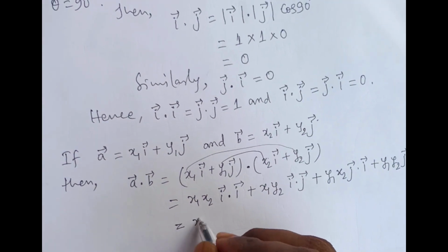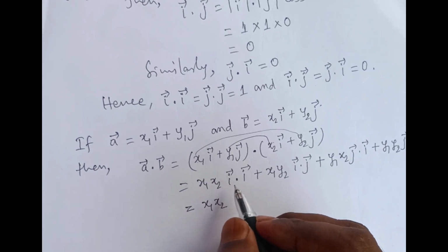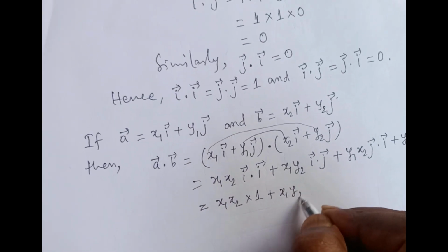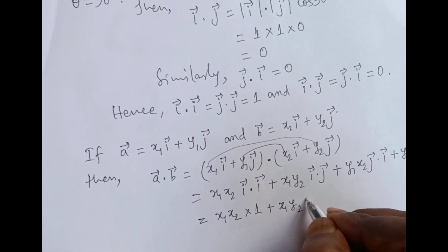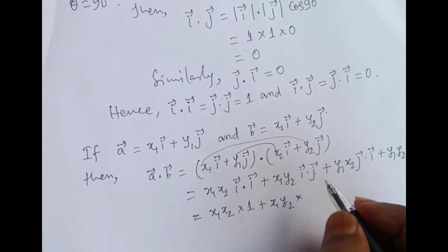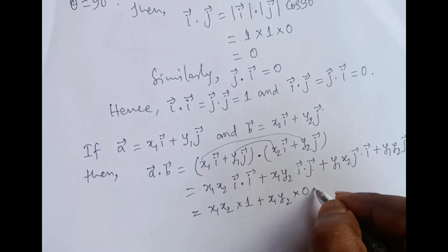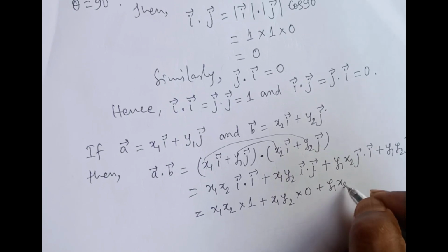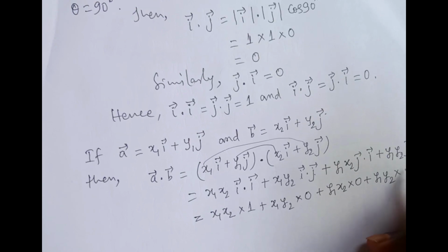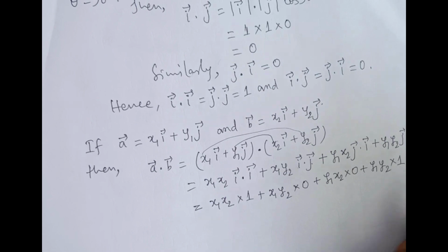This is equal to x1 x2, as we know that i vector dot i vector is equal to 1, plus x1 y2 times i dot j, which is equal to 0, and y1 x2 times j dot i, which is also 0, and y1 y2 times 1, since j dot j is 1.